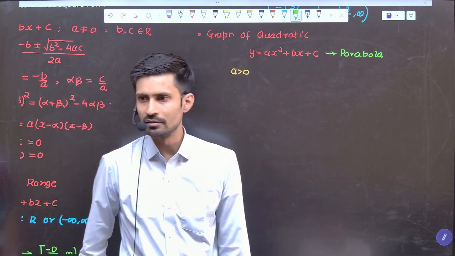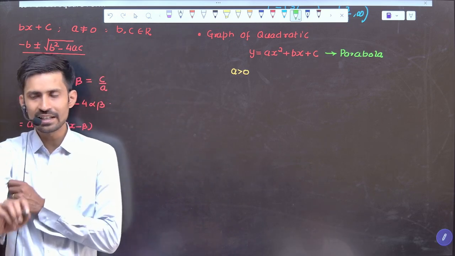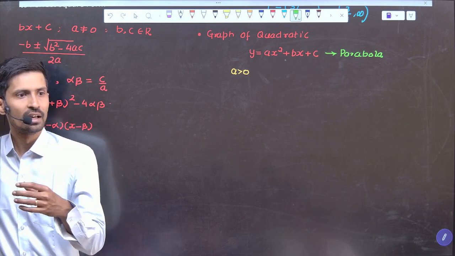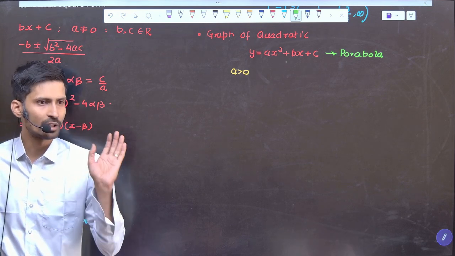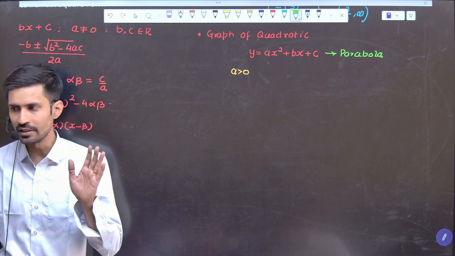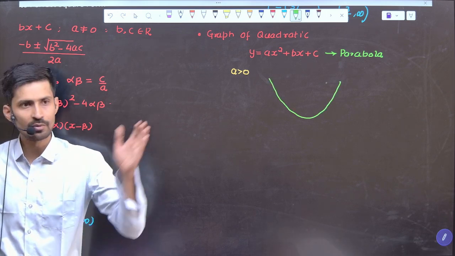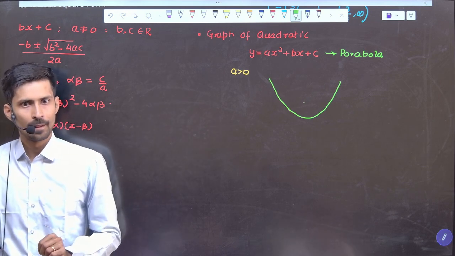Done. Okay. So now, when a is greater than 0, first of all, you have to remember quadratic. If I ask you what is the path of a quadratic, you'll say parabolic path, sir. Now I am going to tell you, when a is positive, your parabola will be opening upward. It will open upward. This is like a parabola.